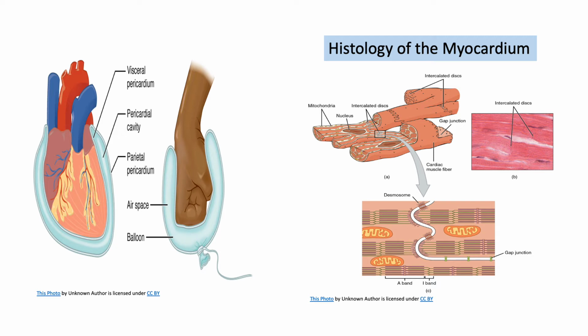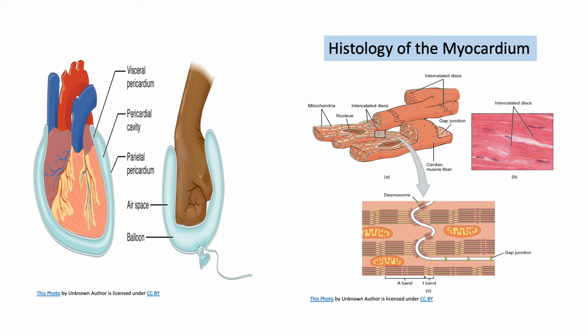The outside layer that covers the mediastinum, we call the parietal pericardium. Between them we have the pericardial cavity, and inside we have a small amount of serous fluid we call pericardial fluid. It should be clear, and there should not be any blood, or higher volumes.